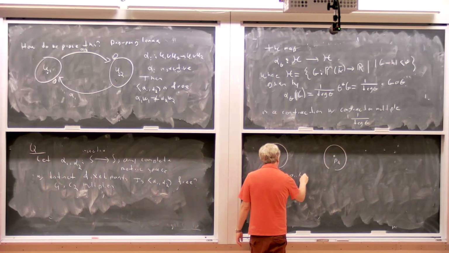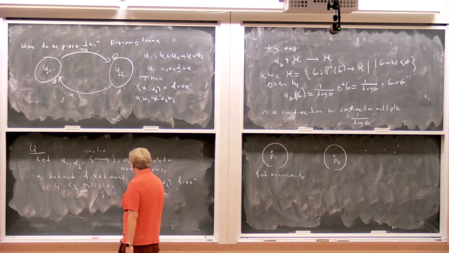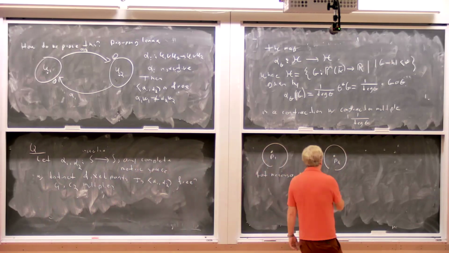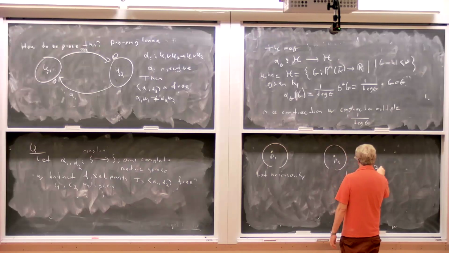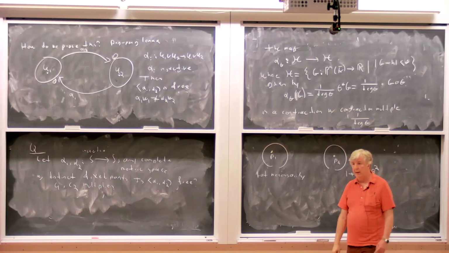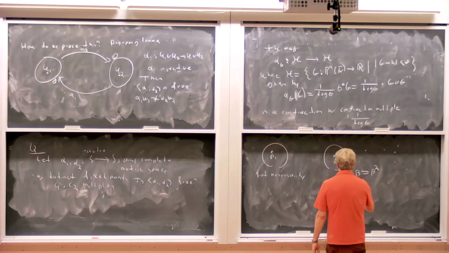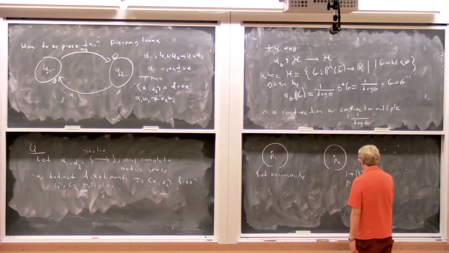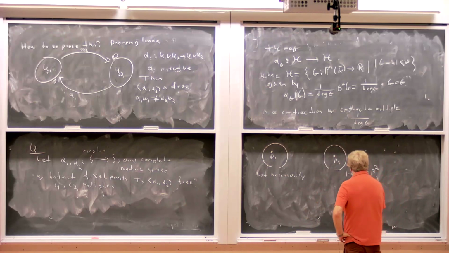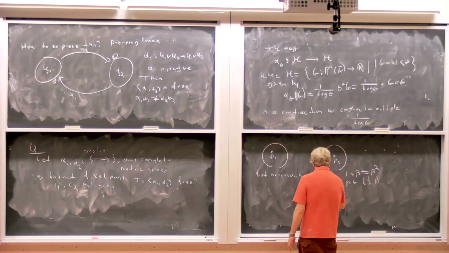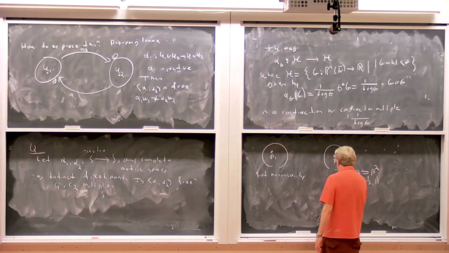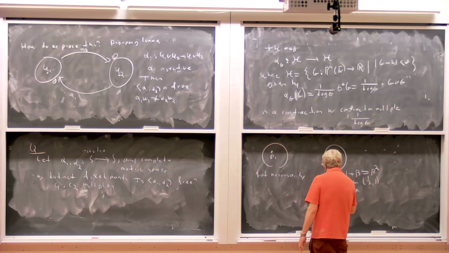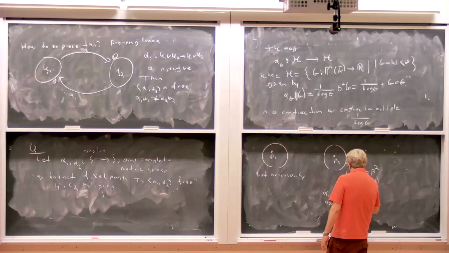What's an example? The example I'm going to use, I'm going to take beta that solves 1 plus beta equals beta squared. Beta will be a number between 1/2 and 1. And I'm going to take alpha 1 of x to just multiply by beta, and alpha 2 of x will multiply by beta and add 1.